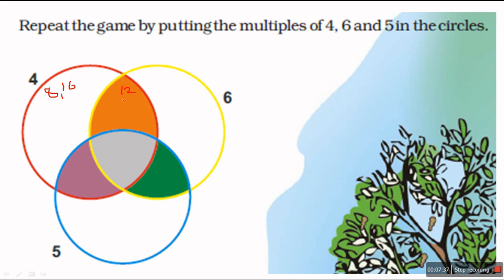What are those? 24 will be a multiple of 4 and 6. 36 will be a multiple of 4 and 6. And what are other multiples of 6? 6, 12, 18, 24 is here already, 30, 36 is already here, 42.